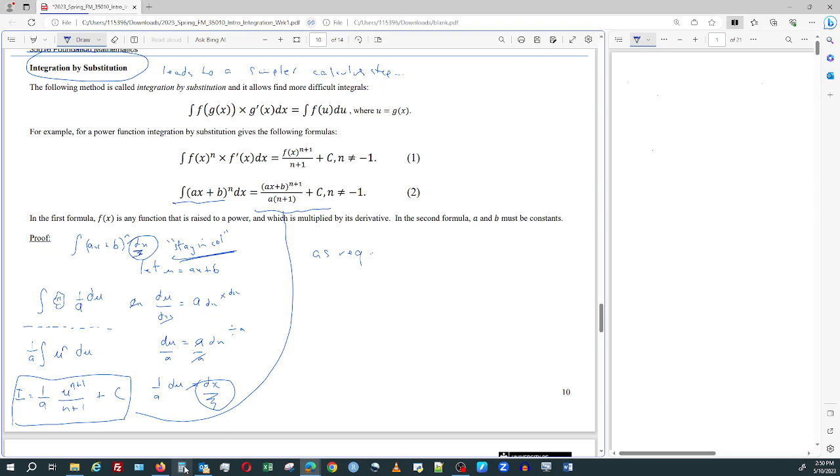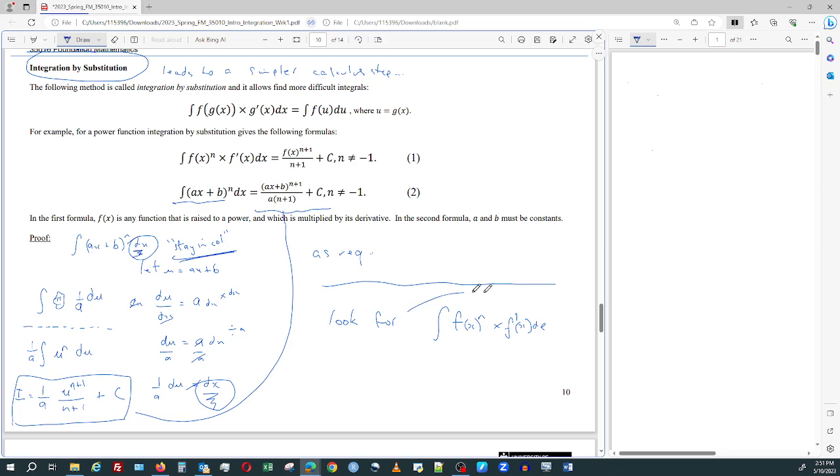So to use substitution, we look for derivatives of some function raised to n. We look for the terms around it, which are in fact derivatives.